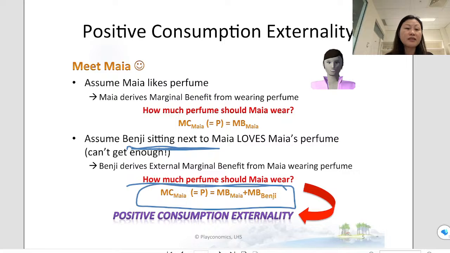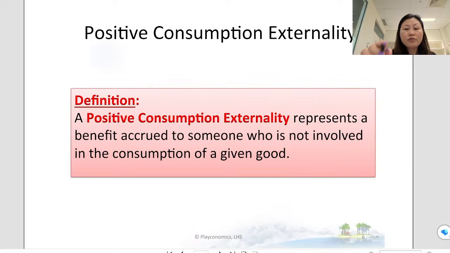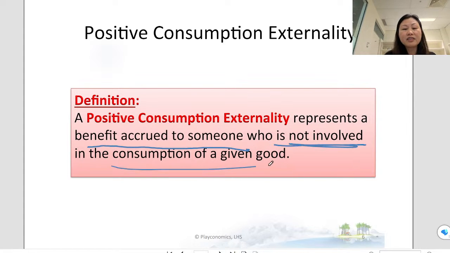Positive consumption externalities represent a benefit accrued to someone who is not involved in the consumption of a given good. So in this case, Benji has nothing to do with the consumption. Benji didn't spray perfume. Maya sprays perfume.